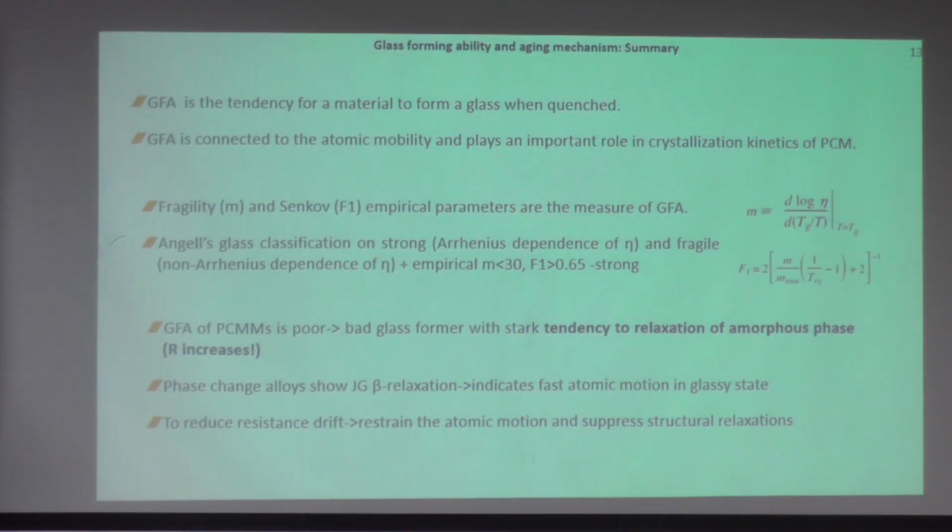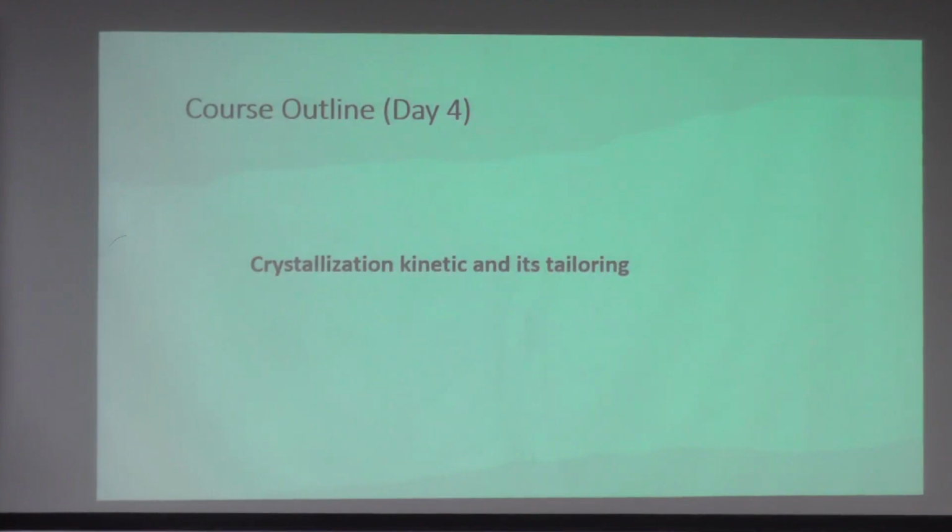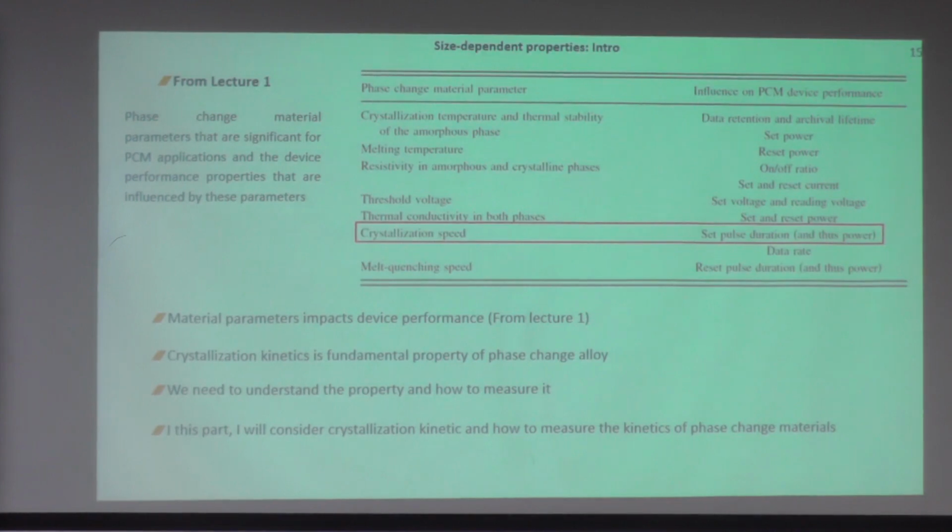So let us move to another part of this lecture. Here I would like to talk about the crystallization kinetics and its tailoring. From lecture 1, we know that the crystallization speed is an important parameter for a phase change device, and it influences the PCM device performance, set pulse and also energy consumption.